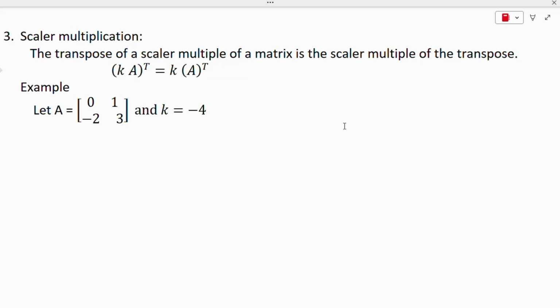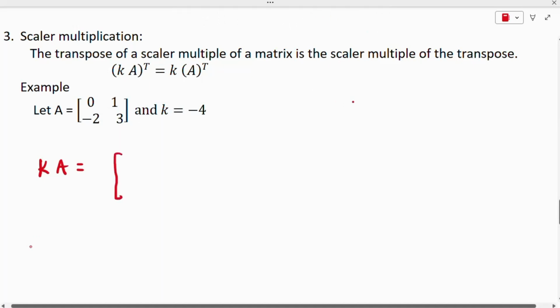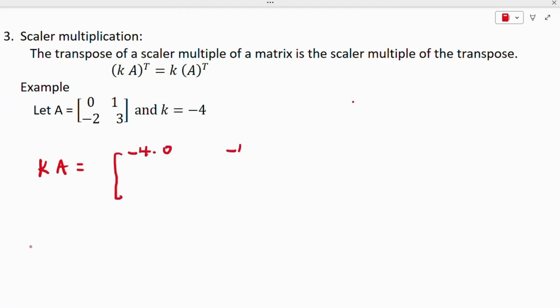So for the first part, we want to simply look for KA. That is multiplying the scalar with the matrix. Now the scalar is negative 4, so we have negative 4 multiply 0, negative 4 multiply 1, negative 4 multiply negative 2, and negative 4 multiply 3.